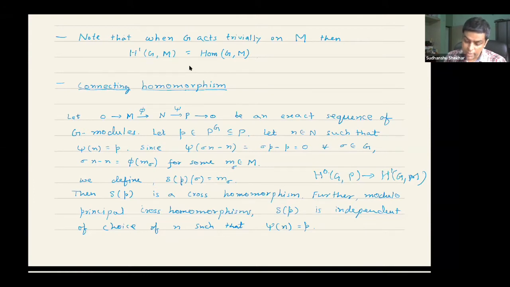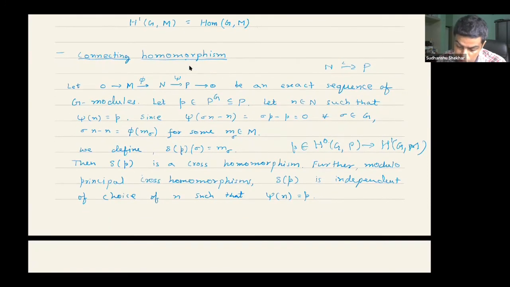For this, we take an element of H naught of P, a small p belonging to H naught of P. And we pull back via this map psi from N to P. If you take fixed points, it may not be surjective, but without taking fixed points, psi is surjective, so we pull it back. Let small n be such an element whose image is small p. Then we can define delta p.